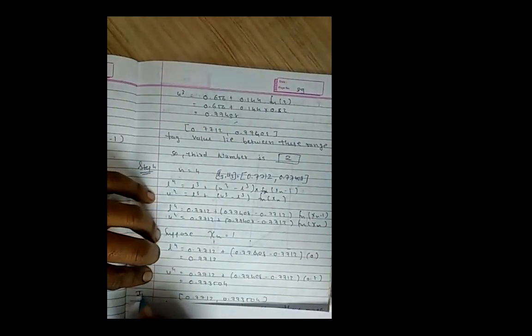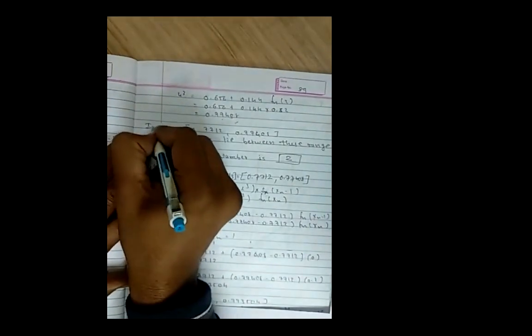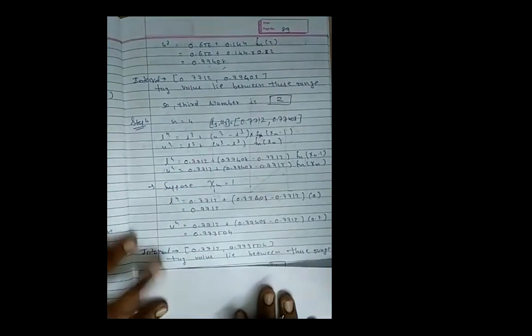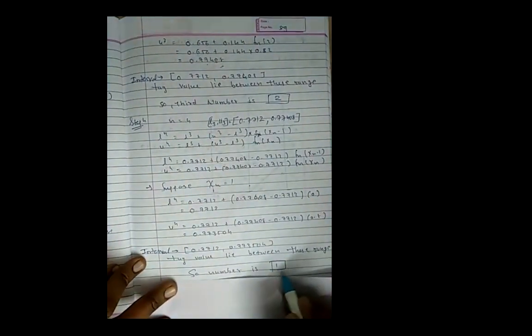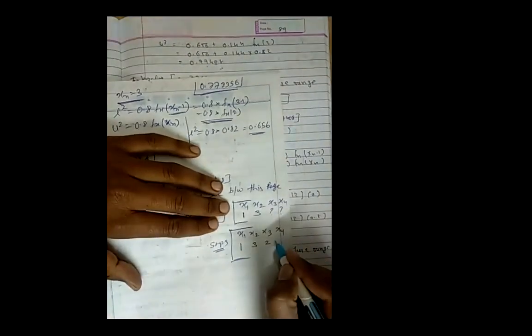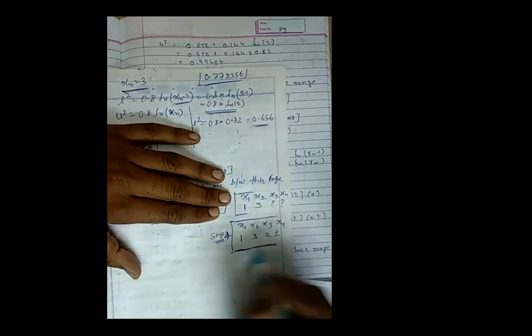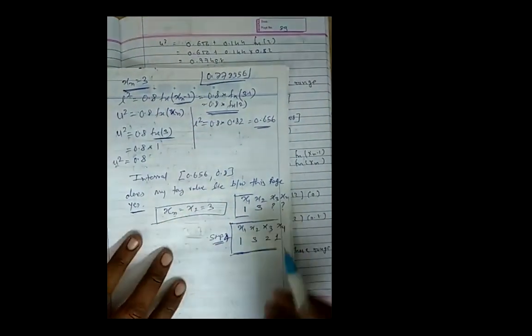So yes, my interval is considered over here. Okay, so the interval lies around this tag value. Yes, so my next decoded symbol is 1. So yes, my next decoded symbol after step 4 is this one. So this is my whole string which I have decoded, that is 132.